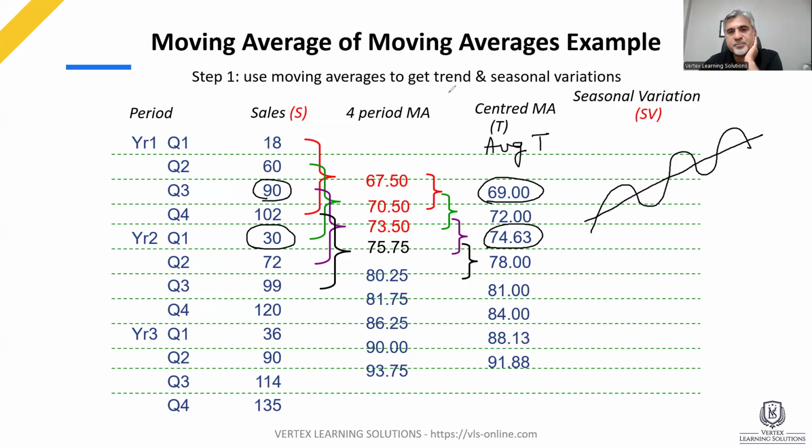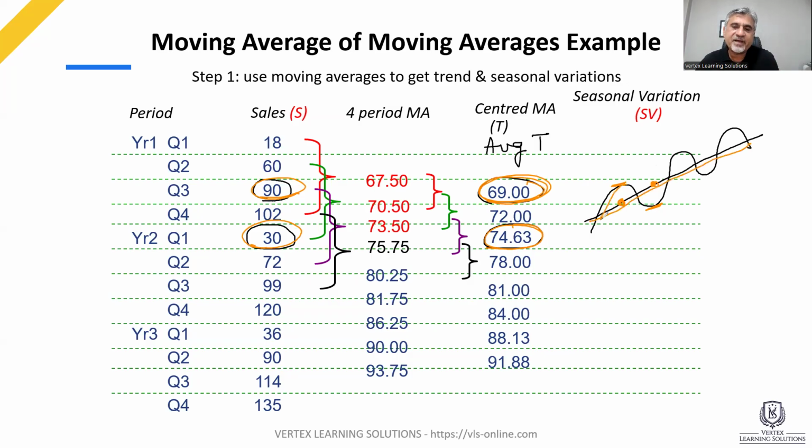If I take this point, the trend is below and the actual value is above. But when I come to this point, the trend is above and the actual value is low. My trend is actually an average which passes through the middle.